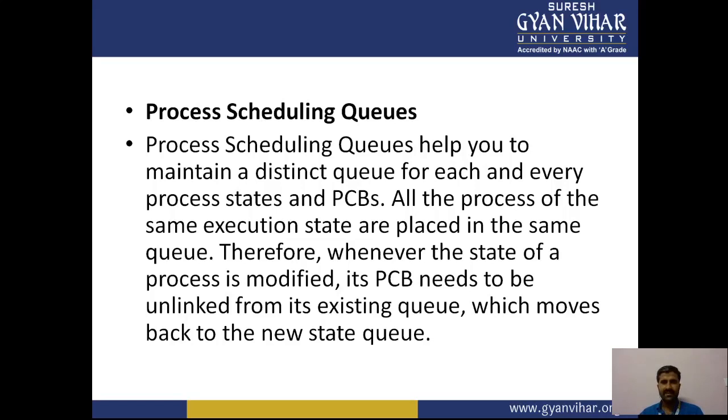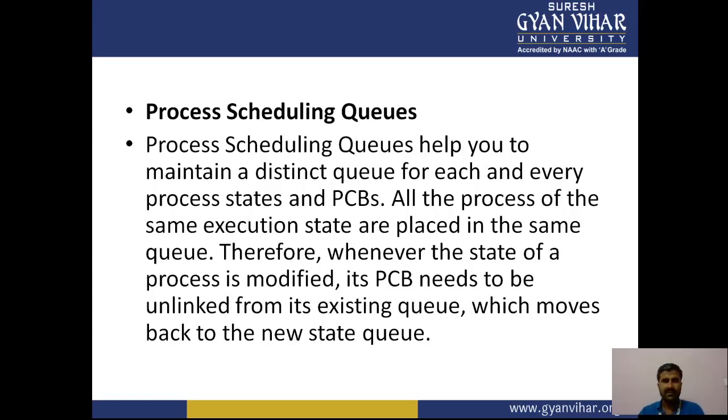Therefore, whenever the state of a process is modified, its process control block needs to be unlinked from its existing queue, and it moves to the new state queue, right?